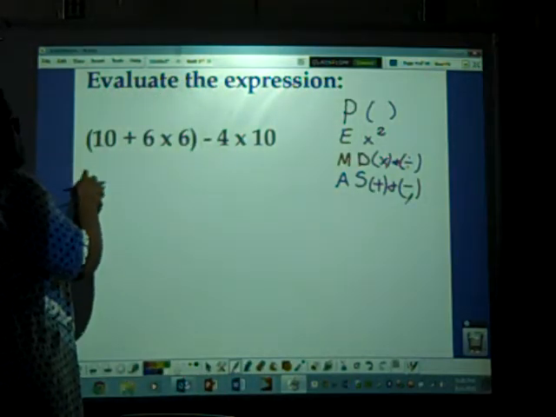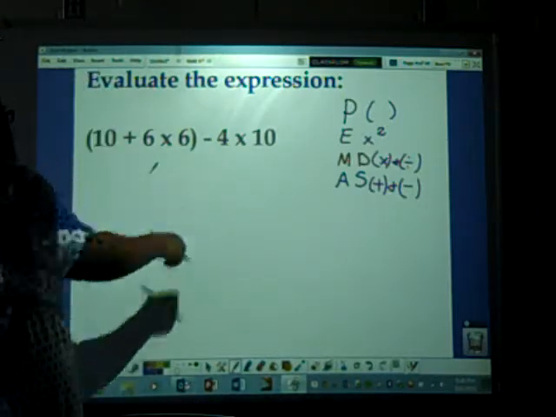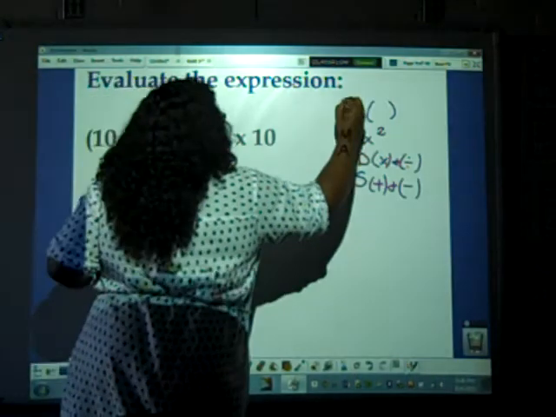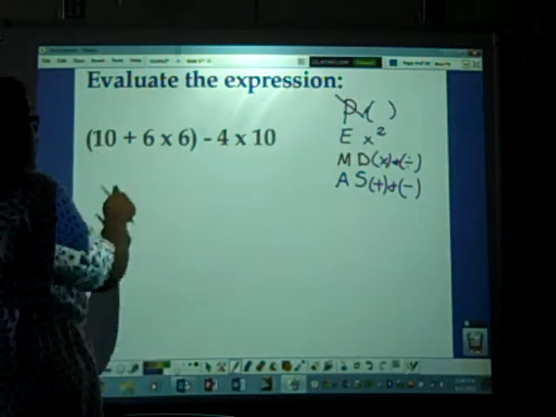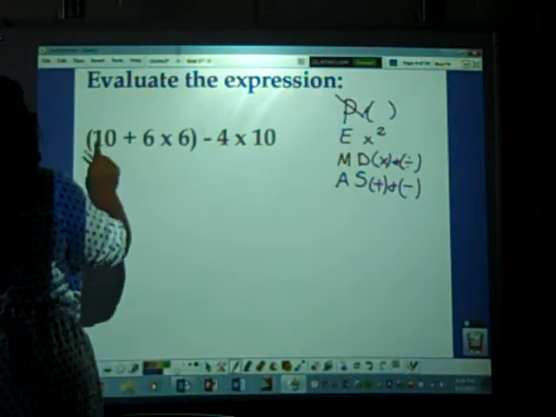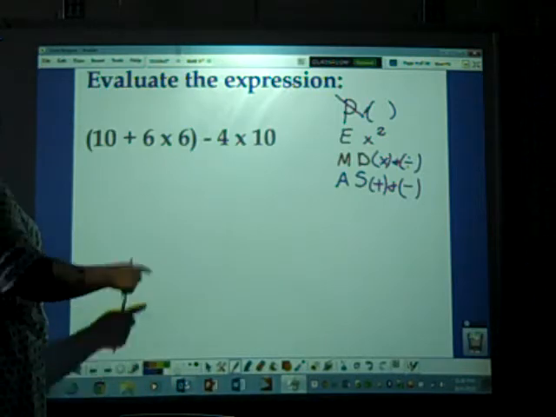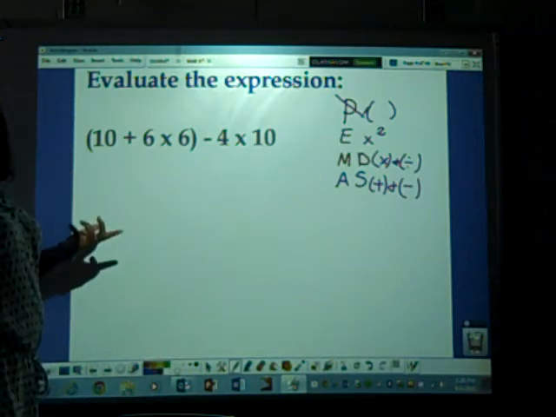Now, I'm going to say, do I see parentheses in this problem? Yes, I do. So I'm going to mark off parentheses because I'm going to start evaluating what's inside my parentheses. But I see addition and multiplication in there.